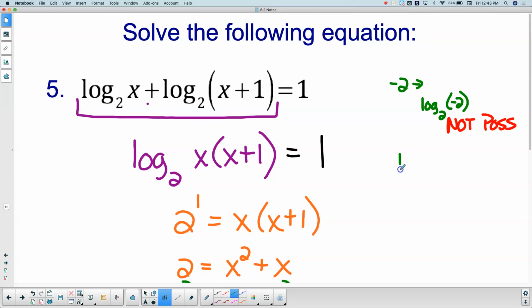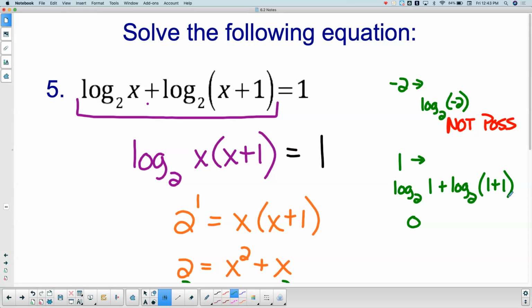Now we've got to check 1. Log base 2 of 1. What exponent can I put on 2 to get me 1? 0. So that's equal to 0. Plus log base 2 of 1 plus 1. What's 1 plus 1? 2.